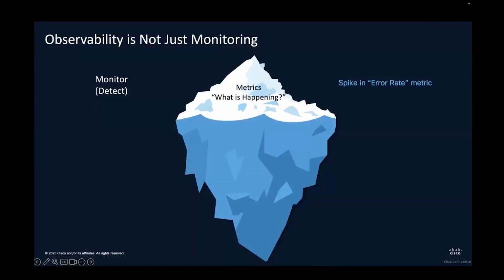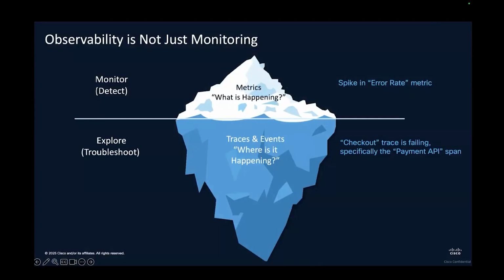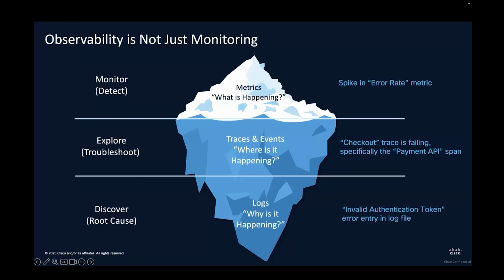Okay, so very quick slide on this. I'm not going to spend too much time on this, but really it sets the scene. Really what we're trying to do here is highlight obviously that observability is not just monitoring. We are now interested in the what, the where, and the why.